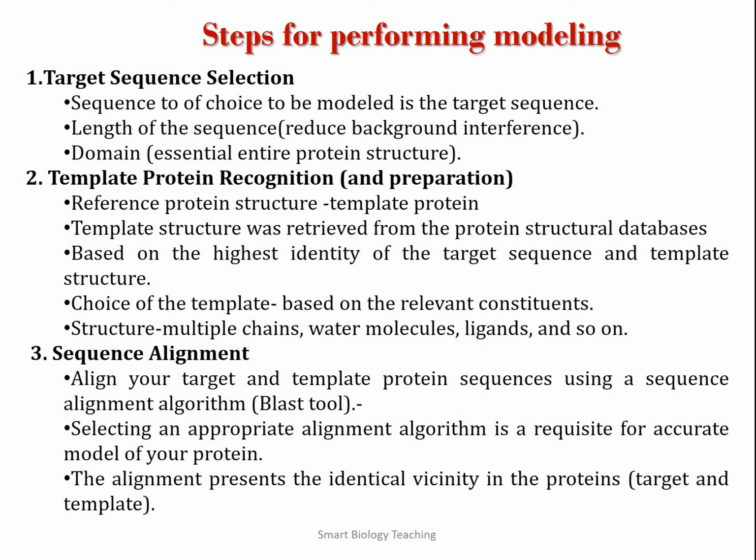You generally call the sequence of your choice the target sequence. Say for example you have a 1000 amino acid sequence and you want to study only the domain that plays an essential role in that particular protein. In that case you can choose only the domain, and then you can go for modeling.